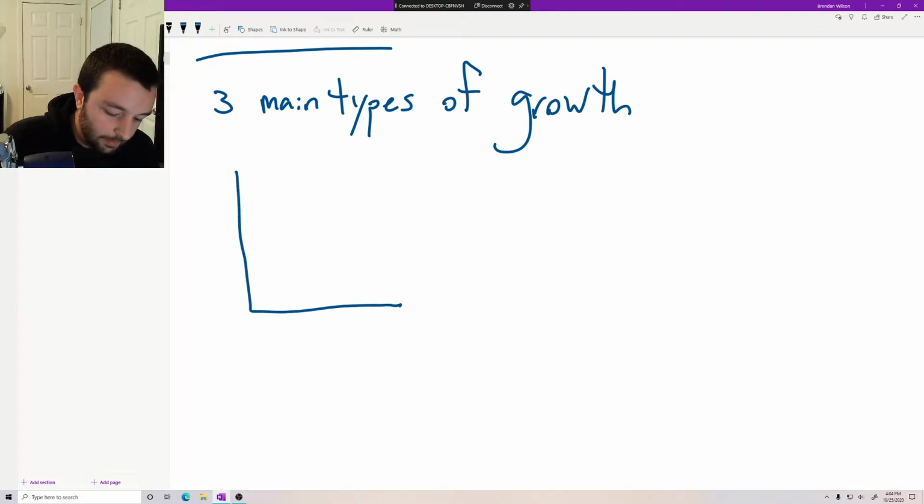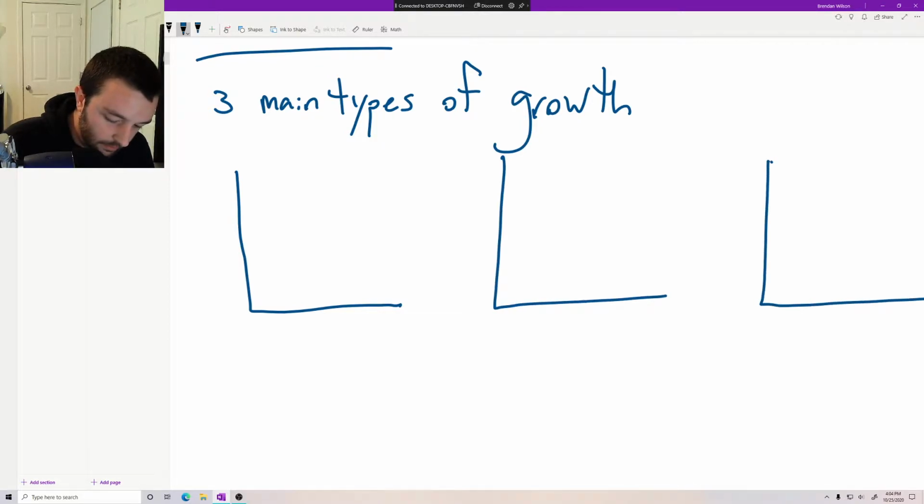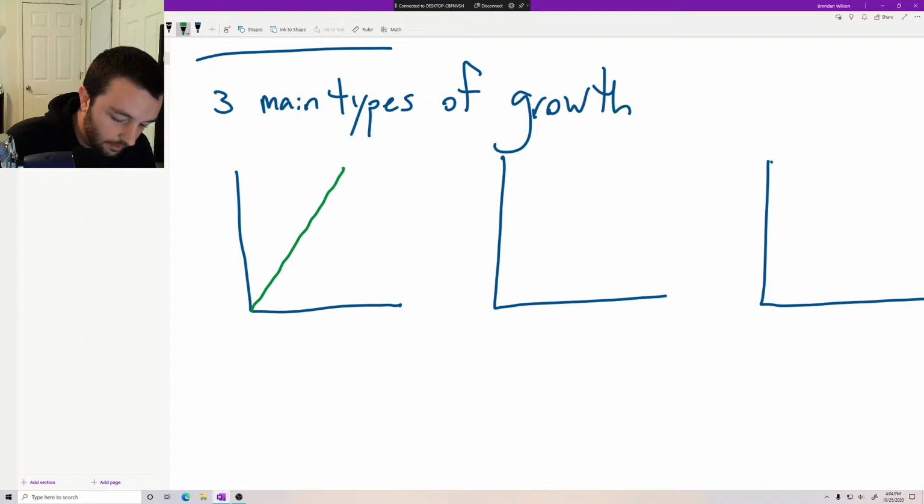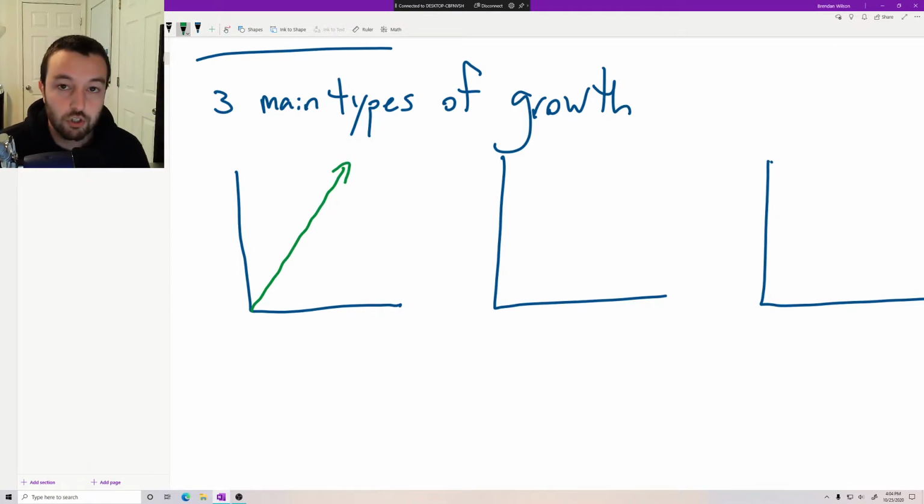If we were to represent them on graphs, let me draw 3 graphs here. Then I'll change the color. Okay, if something was growing like this, where it's just a straight line, this is what we call linear growth.